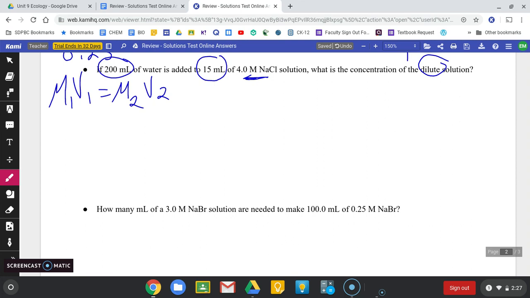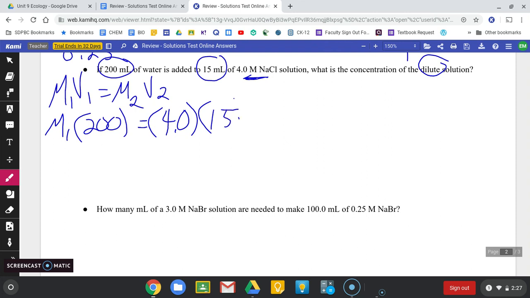So we'll say we don't know M1. Say our V1 is just 200. We'll say M2 is the 4.0 molarity. And we'll say V2 is the 15 milliliters.